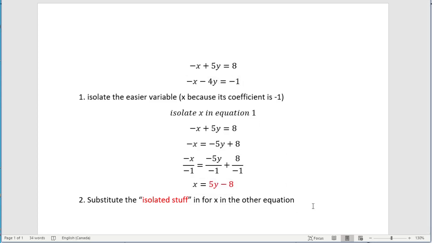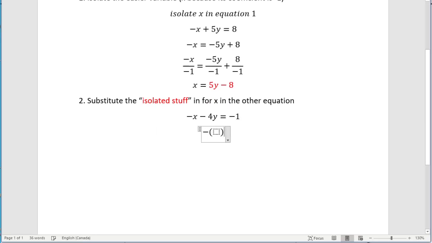That 5y minus 8 is going to go into the other equation. So the other equation is this, except instead of x, I'm going to leave an open bracket. And inside that bracket, I'm going to replace x with what I know that it is equal to, in this case, the 5y minus 8.